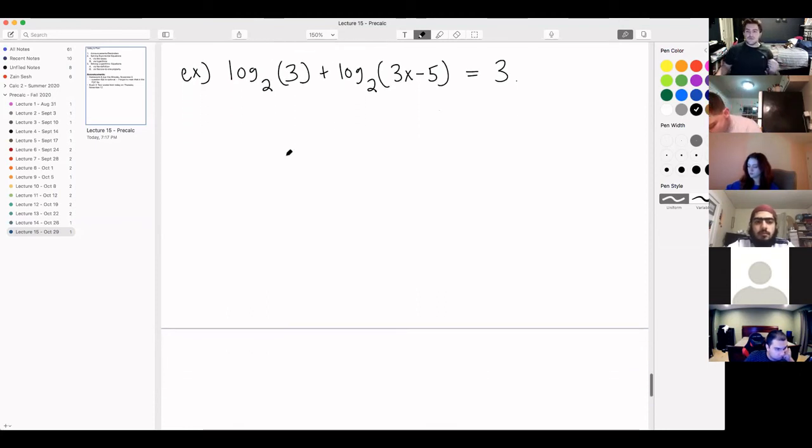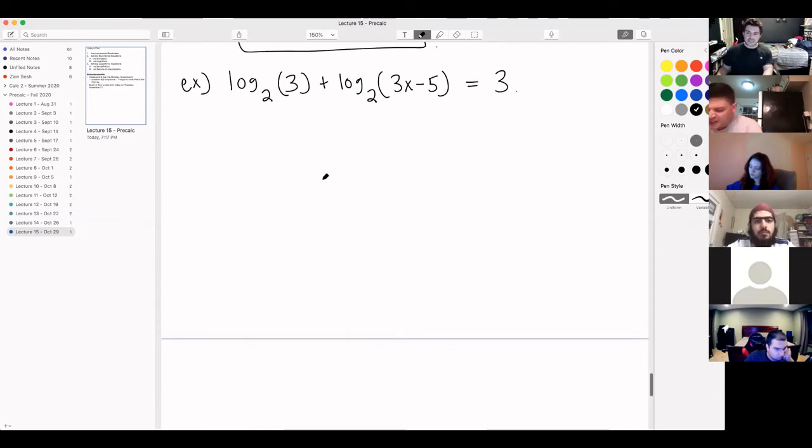So there's a few things you can do here. First of all, to use the definition, you need 1 logarithm on the left side. We have 2. Does anyone see any properties we could use to make 1 logarithm on the left side? Product rule? Is that what you said? Yes, product rule indeed. Let me write that.